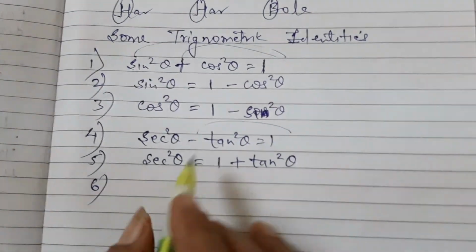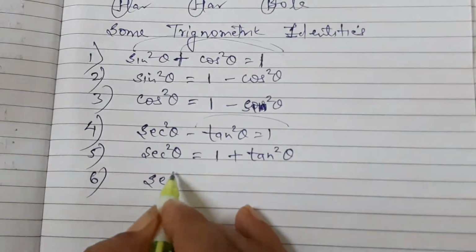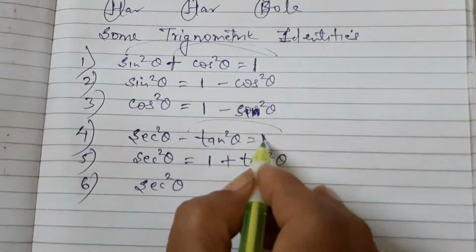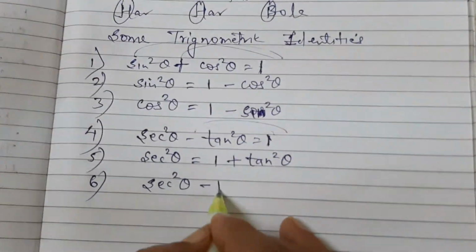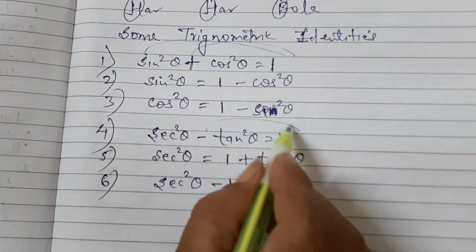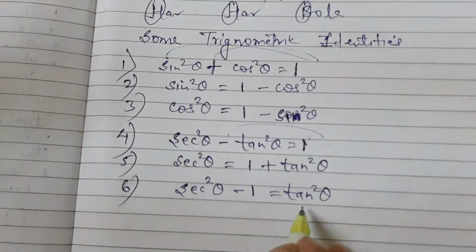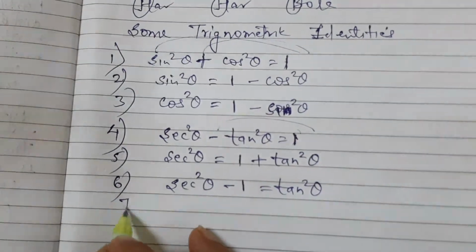If we want to make the formula of tan square theta, then this sec square theta will be as it is on the left hand side. This plus 1 will shift from right to left and become minus 1. And this minus tan square theta will shift from left to right and become plus tan square theta. So this is the formula of tan square theta: sec square theta minus 1 equals tan square theta.